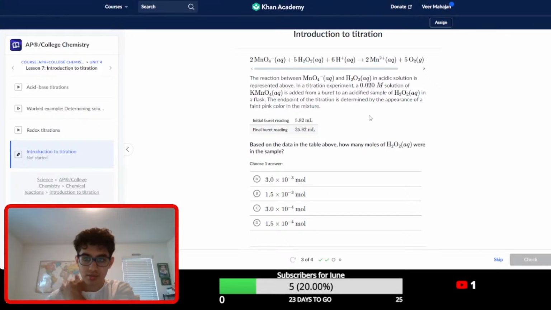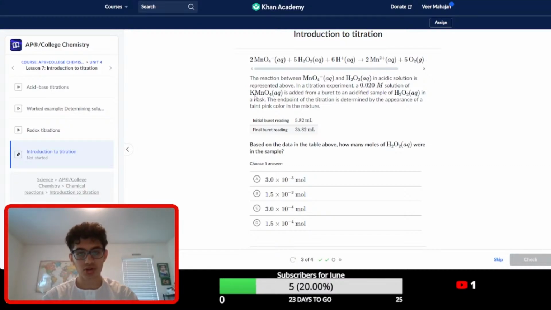And then you need to know how many moles of H2O2 aqueous were in the sample. So the number of moles of that. Wait a second. It'll be five halves as much. No, that seems wrong actually. So the only place I see the reaction.